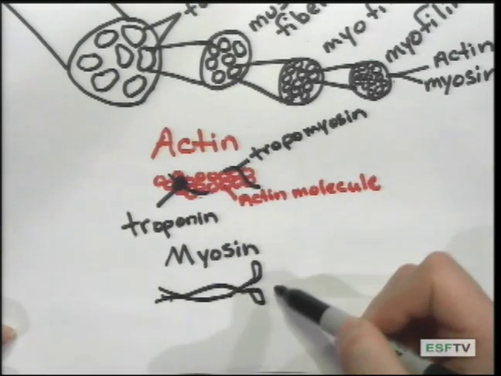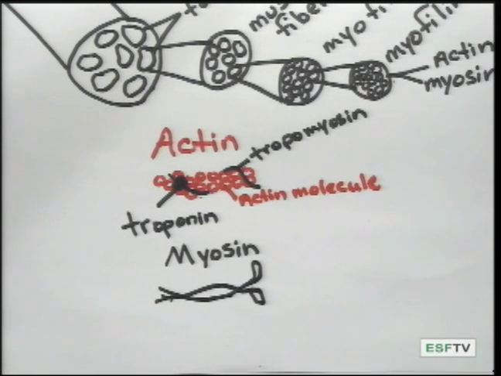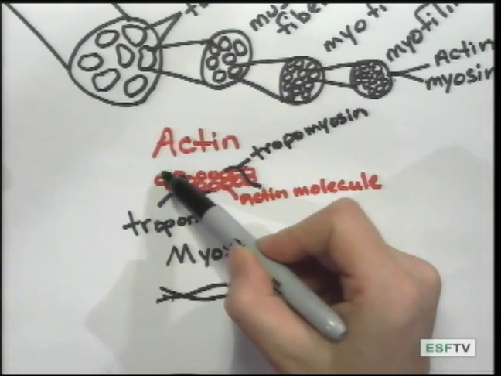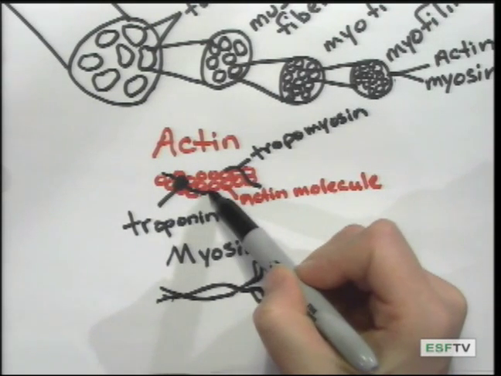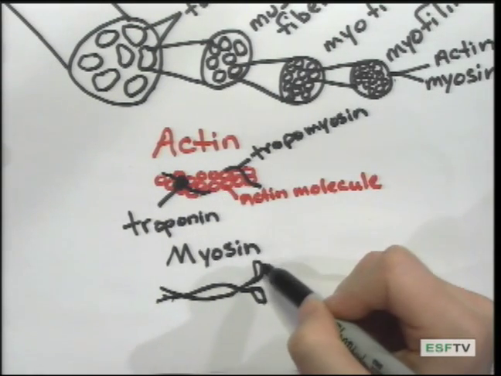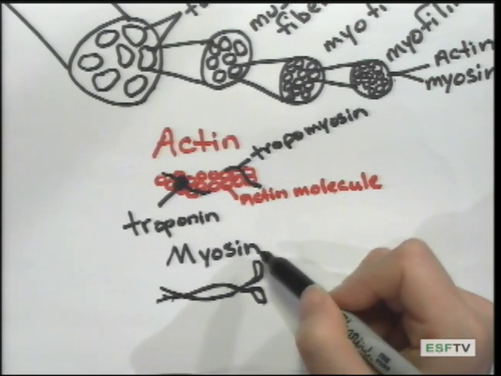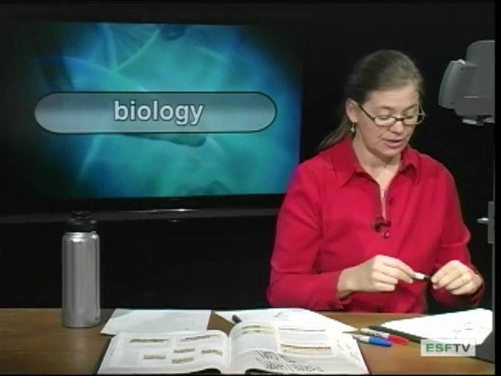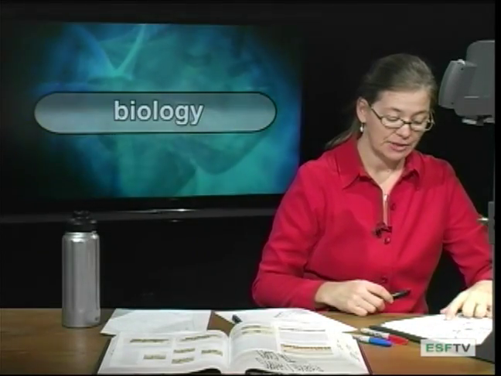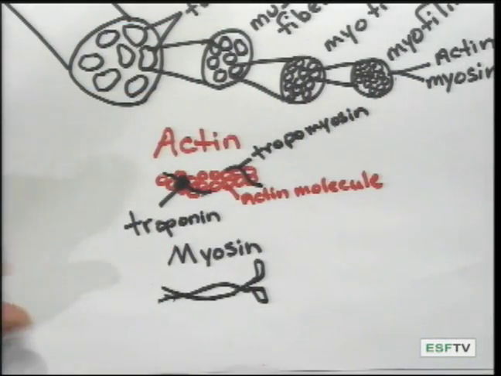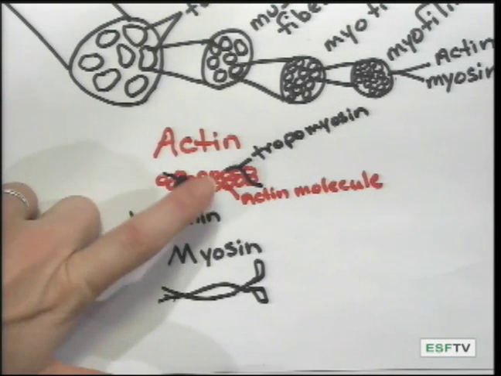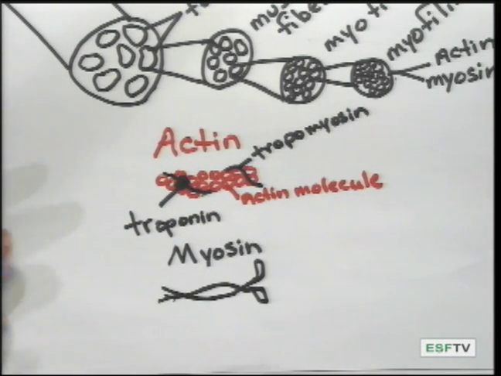So actin and myosin, the two myofilaments. And on the actin, this tropomyosin covers binding sites for these heads of the myosin. And as we go through talking about how muscle contraction occurs, we'll see how these golf club shaped heads bind to actin molecules, and in particular on binding sites that are covered by this tropomyosin.